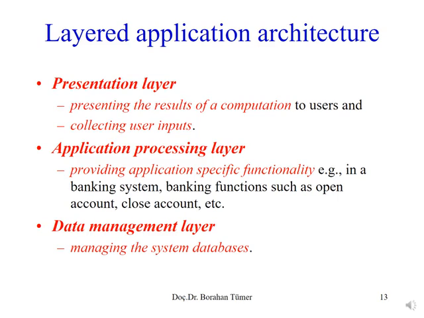It provides application-specific functionality; in a banking system, banking functions such as open account, close account, etc. It is, as I said, connected to the presentation layer for sharing the inputs and outputs, and it is also connected to the data management layer, which is the third layer in the layered application architecture, which manages the system databases.